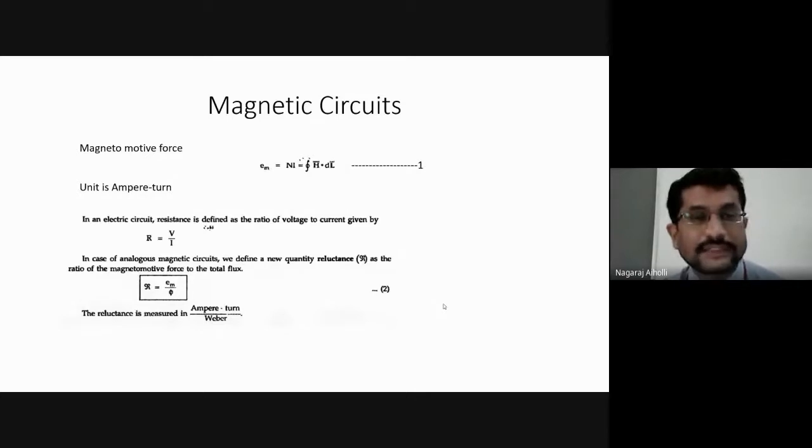Okay. So as there is electromotive force, can anybody define electromotive force? How do you define electromotive force in electrostatics? How do you define EMF?